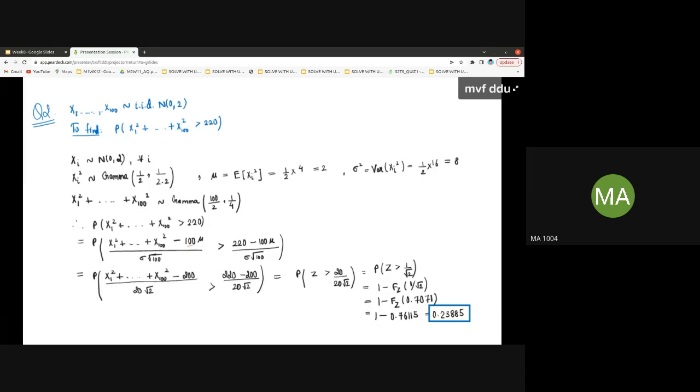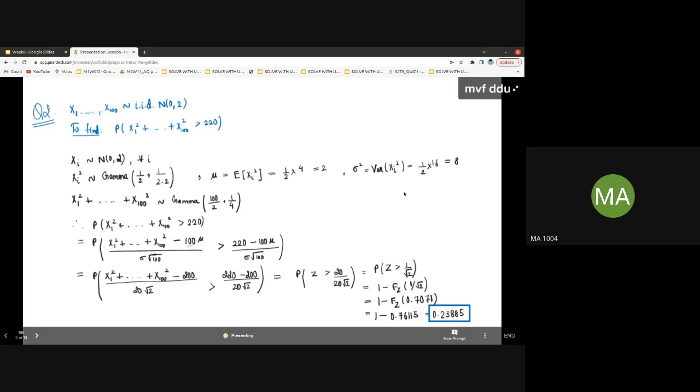So if x1 square, x2 square, x3 square and so on up to x100 square follow gamma half comma 1 by 4, then the sum will also follow gamma n times half comma 1 by 4. This n here is 100. So the sum will follow gamma 100 by 2 comma 1 by 4. Okay. So you can compute like this.